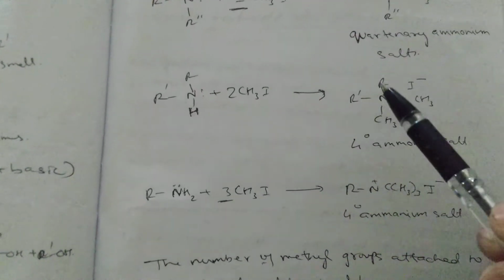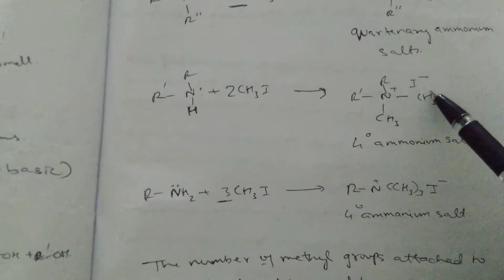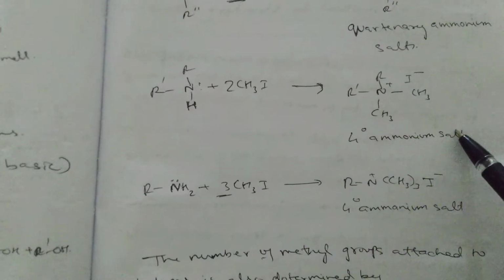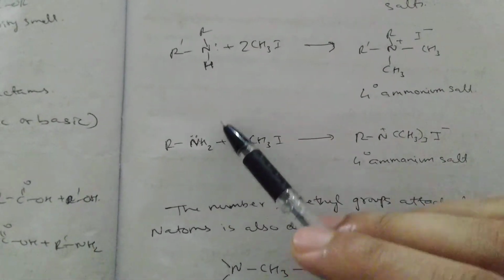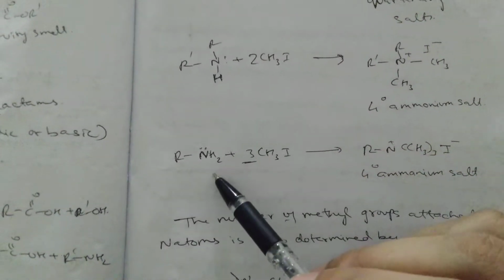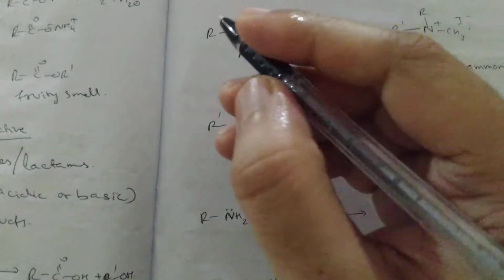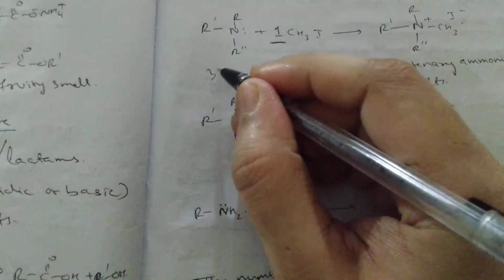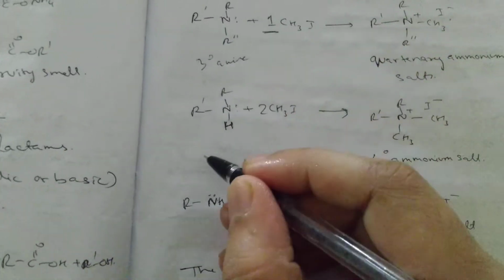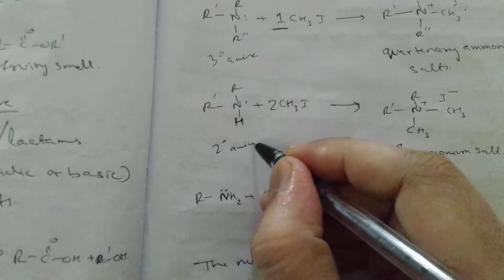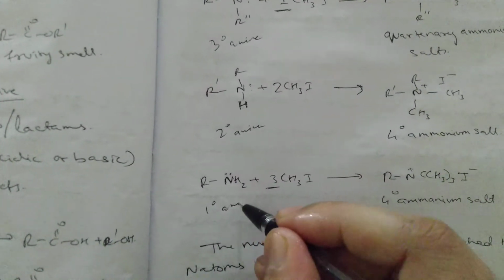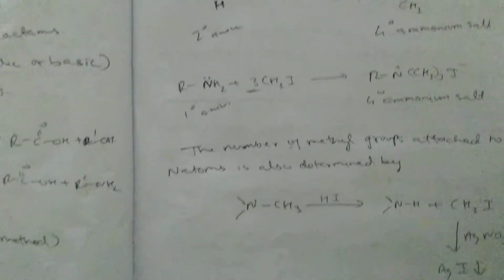So 2 moles of CH3I are consumed to again form a quaternary ammonium salt. Similarly, if it is primary, it consumes 3 moles. So this is a tertiary amine, this is a secondary amine, and this is a primary amine.